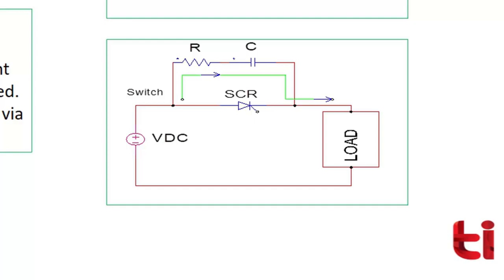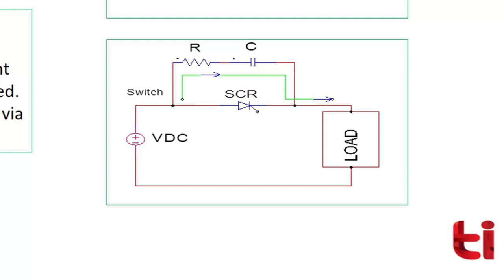Now in this case you can say it is a simple RC circuit. So the capacitor will charge exponentially till VDC, and once the capacitor voltage equals VDC, then current through the circuit will be zero. That means the capacitor will store some amount of energy across it, and it will discharge whenever a favorable condition is there.